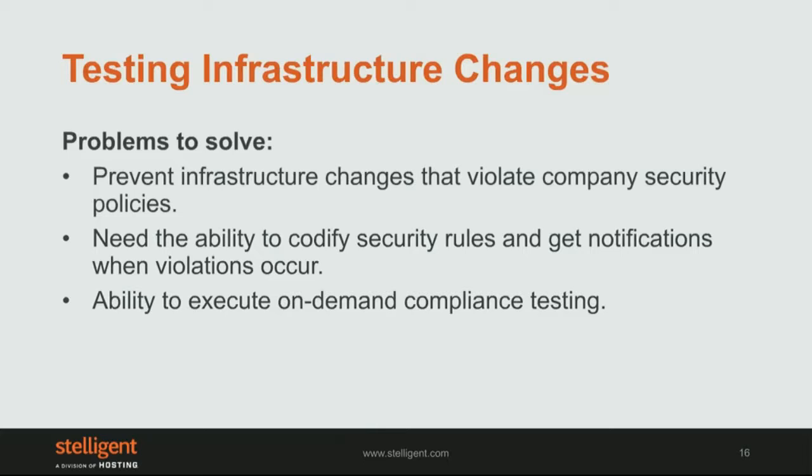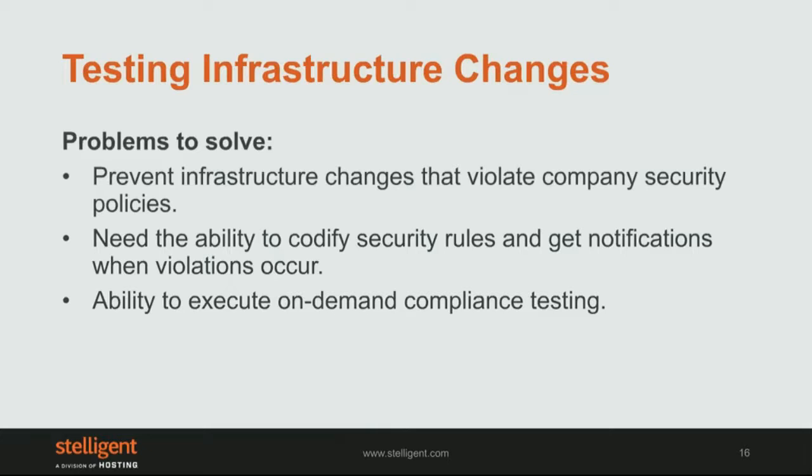Why are we doing this? We certainly want to prevent infrastructure changes that violate company security policies. We're also codifying, turning into code, the security rules and causing notifications to be deployed when violations occur. And there are a lot of tools that will go out and scan your environment and tell you that you've got 73 security groups that might have too broad permissions, things like that.